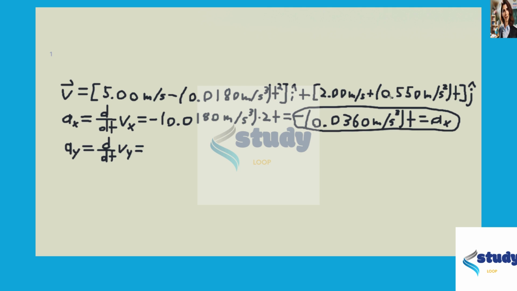And the derivative of 0.550 times t is just going to be 0.550 because it's a coefficient in front of t. So my derivative is going to be 0.550 meters per second squared. So that's going to be my y component of acceleration.